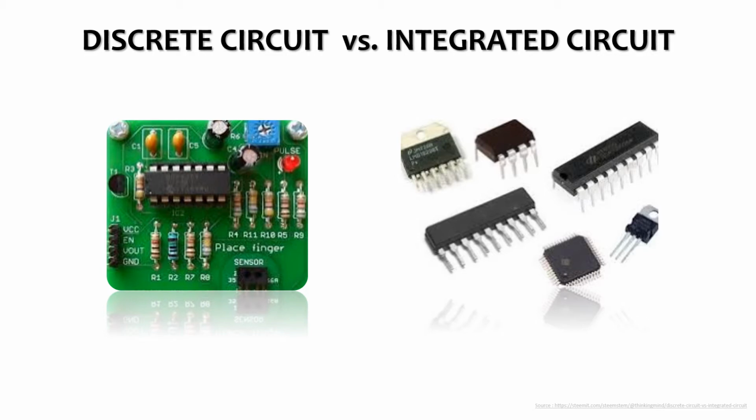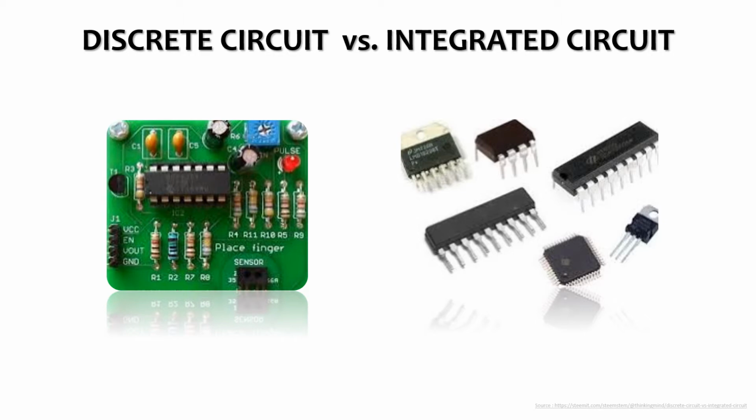If we talk about an example, a flashlight is the best example of a simple basic circuit which has some components. We apply the power supply and it gets started, right? So here we have two different circuits, discrete circuit and integrated circuit. Let's understand the term discrete.